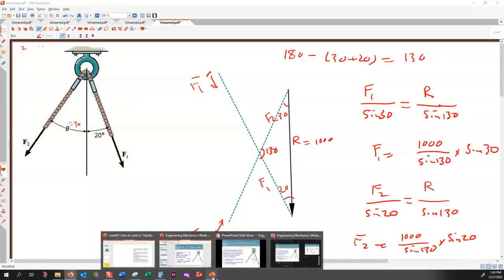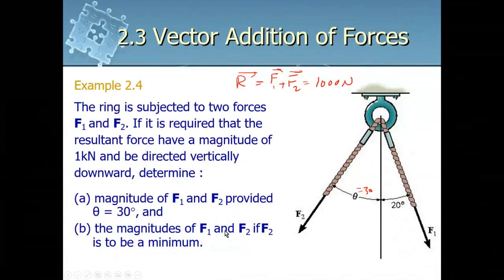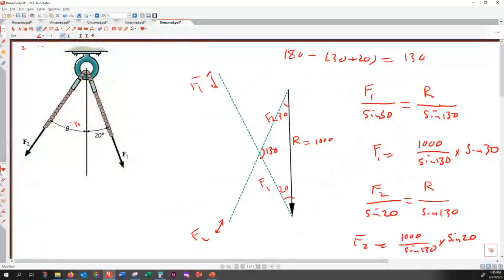The next part asks the magnitude of F1, F2 such that F2 is minimum. So let's have a closer look and see in what circumstances F2 would be minimum. So imagine that you are not provided with 30 degrees. So imagine that this is not given.